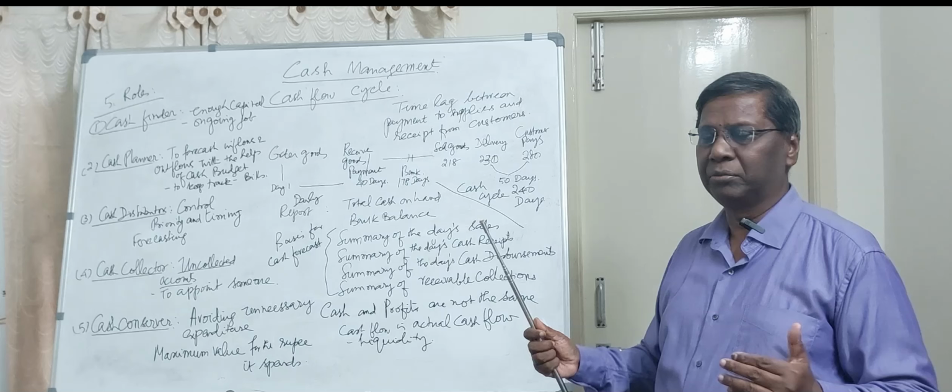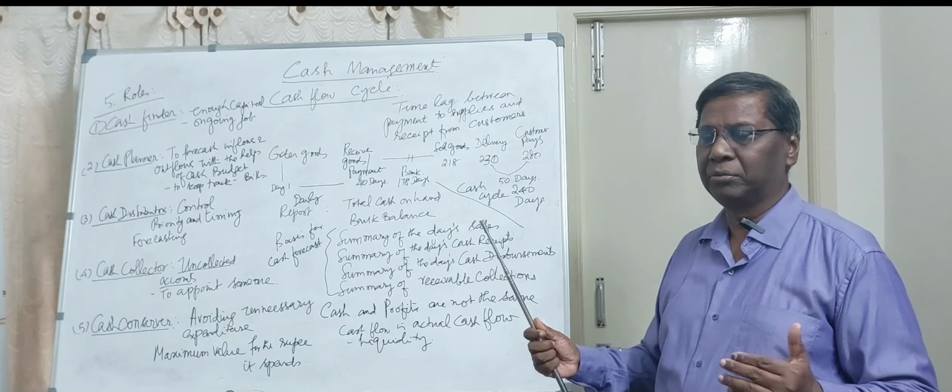Again, the summary of the day's sales, and the summary of the day's cash receipts. This means cash sales. Other receipts, such as cash discount, will also come. So not only sales receipts, you will have other receipts like rent, other income, or dividends, which you can also take as receipts.